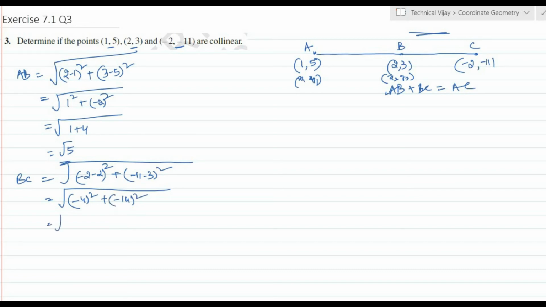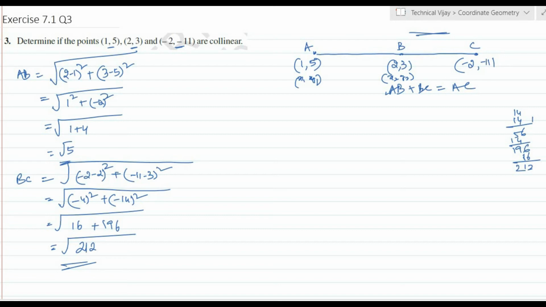Here 16 plus 14 square, where 14 times 14 is 196. So this is 196 plus 16, which is 212. So this is 212.